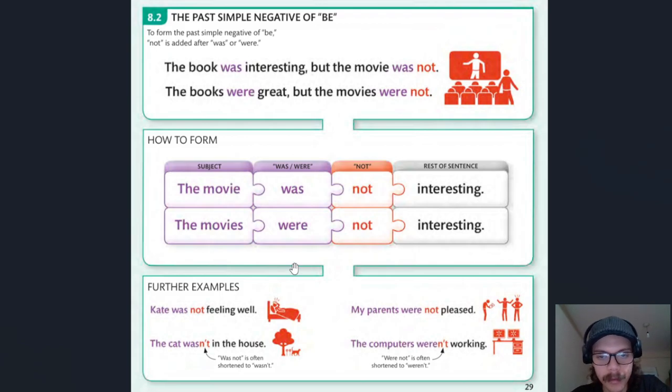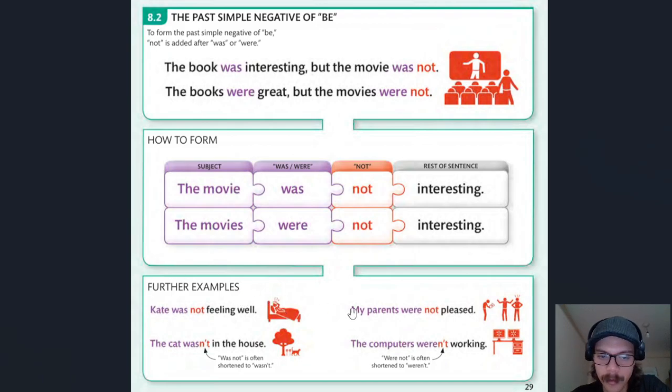And for all three of those cases, you would also use not. So is not, am not, are not. Okay? Here in the past, it's was not and were not. You'll notice, and I'll mark it here in the examples, you also have the option of the contraction.